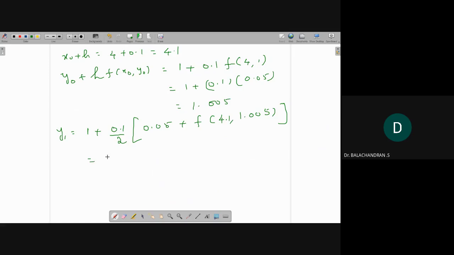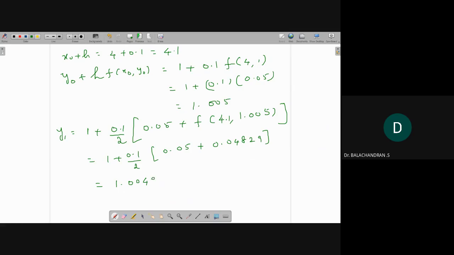Anyone, tell me what is f of 4.1 comma 1.005. 0.04829. Okay, thank you. And then I need the final answer. 1.004914.